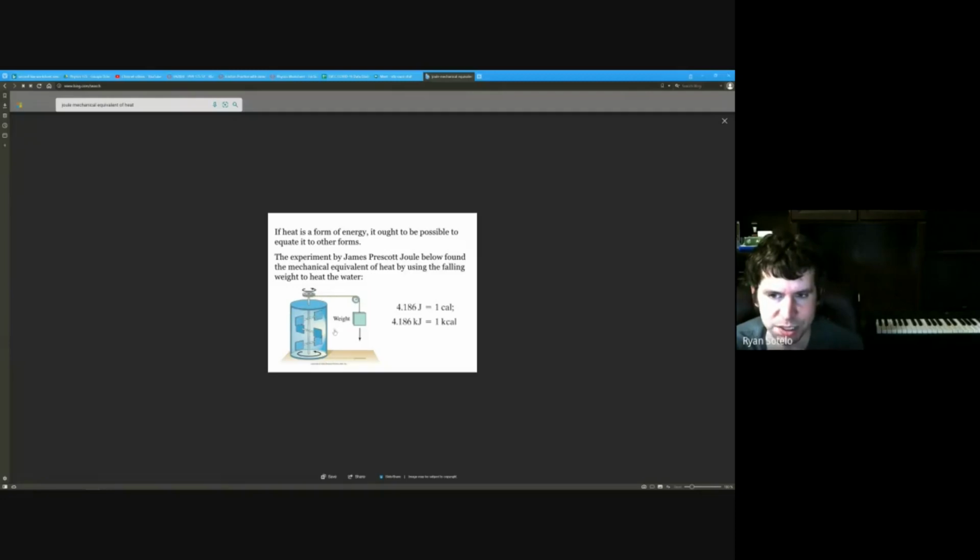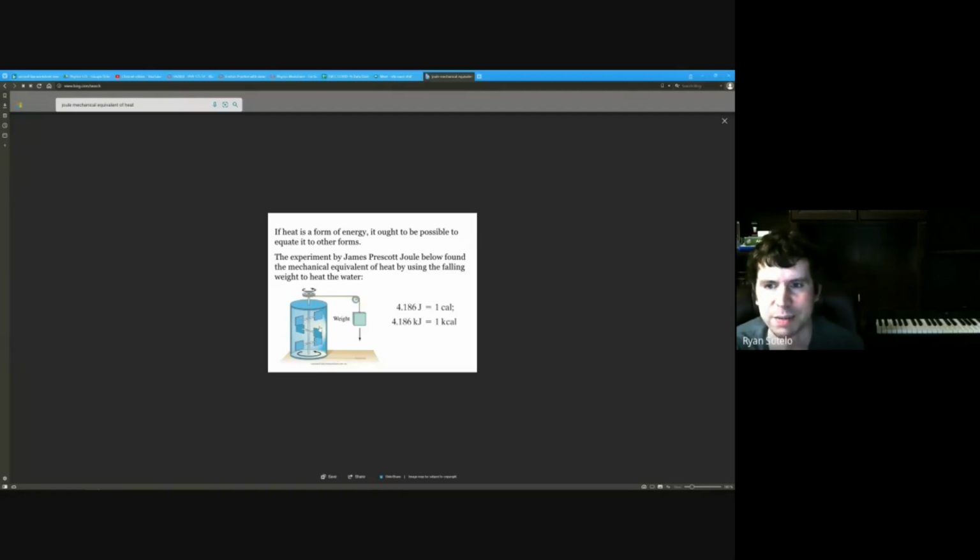That would stir the water, and he would just keep dropping weights over and over again until he was able to figure out a conversion between a calorie, which is like 1 degree change of water, and a unit of mechanical energy. So he was able to say, okay, when I lose this much mechanical energy, I'm changing this body of water. And if I do that enough, I can raise it 1 degree.